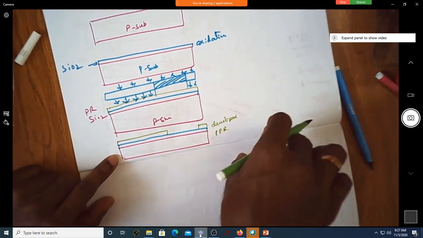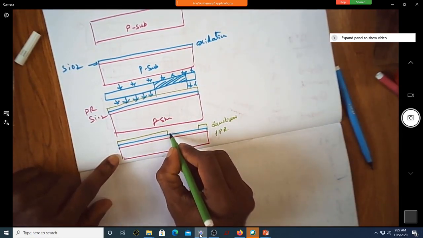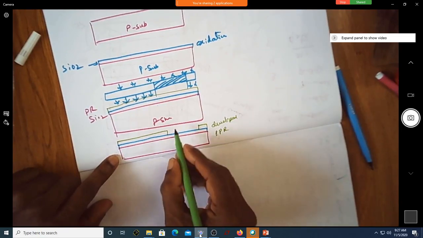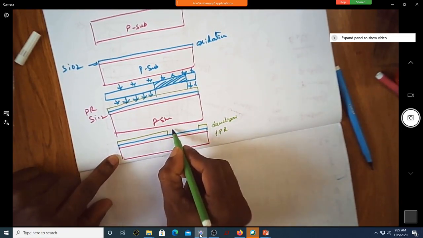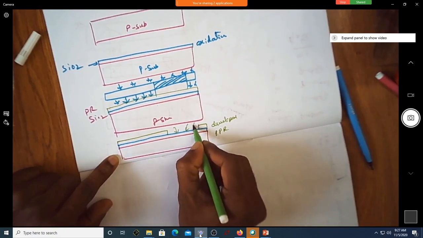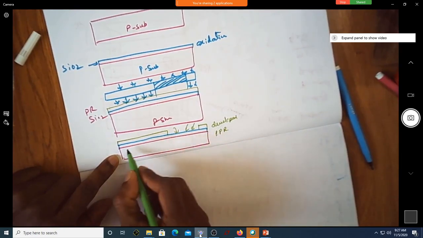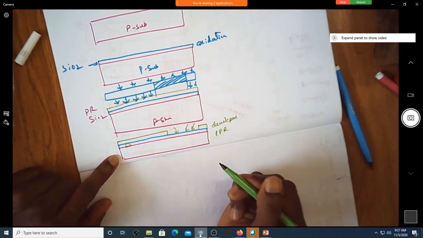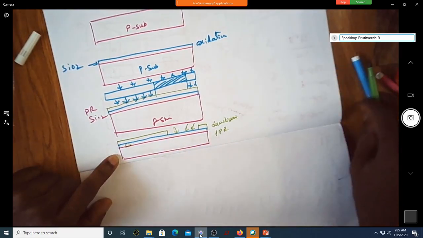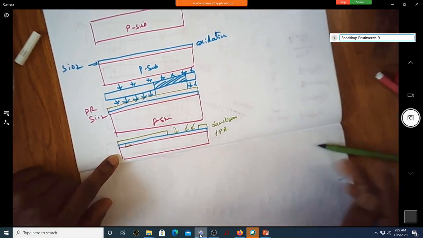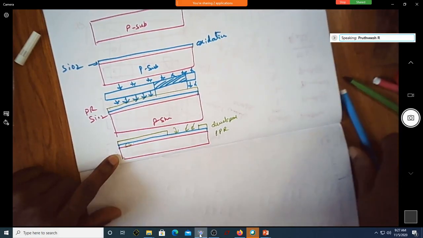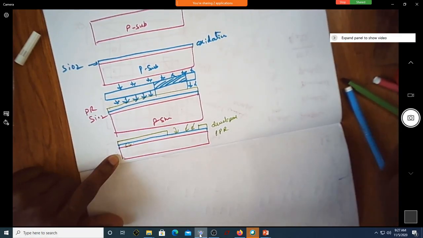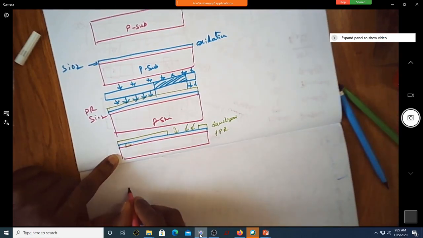When you dip it in a solvent, it will take out the soft portion of your photoresist. Now, can you see this portion of the SiO2 is exposed, whereas this SiO2 is protected by this layer. Now you dip it in an acid, hydrofluoric acid. What will happen? That will remove the exposed portion of SiO2.